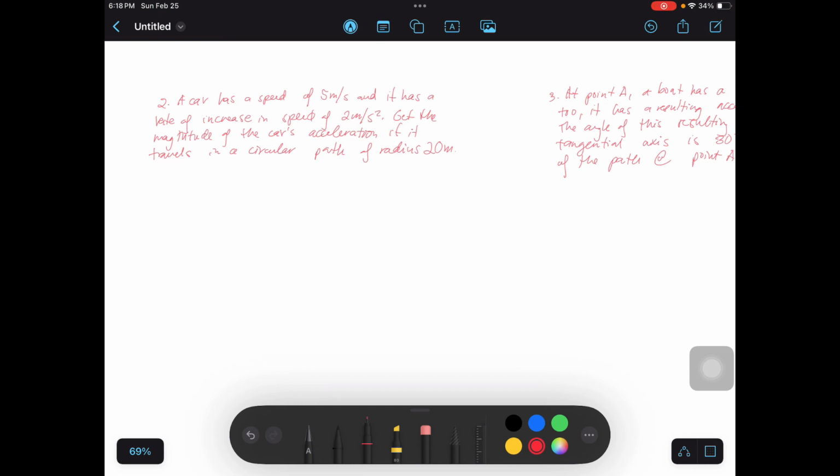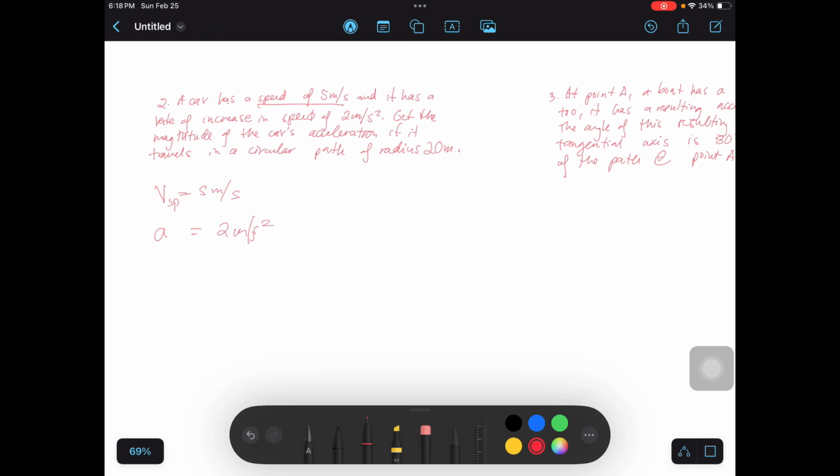Get the magnitude of the car's acceleration if it travels in a circular path of radius 20 meter. So, identify natin ang mga given. Speed yan ng car. So, v, 5 meter per second. And then rate of increase in speed, this is acceleration, 2 meter per second squared. Get the magnitude of the car's acceleration.